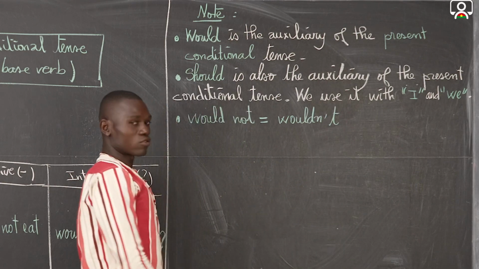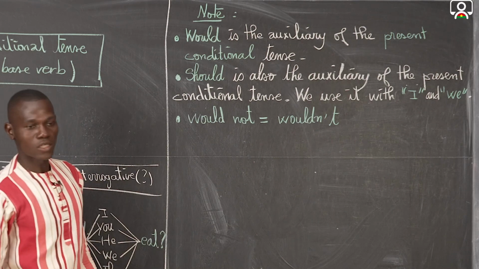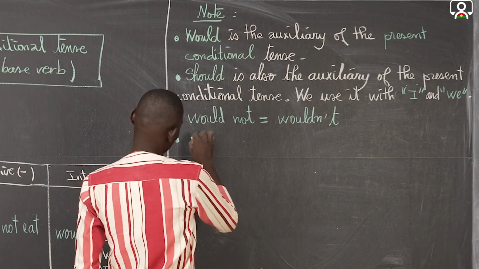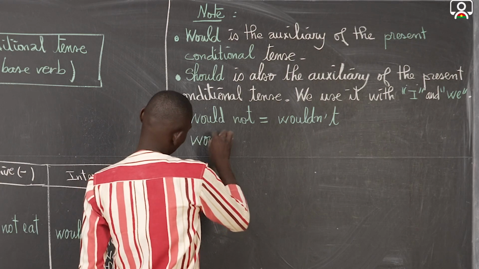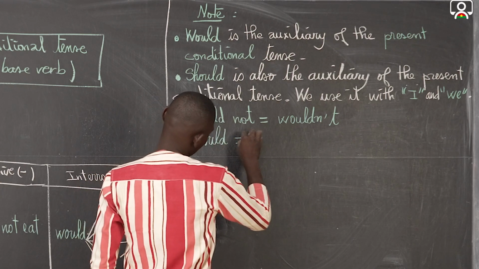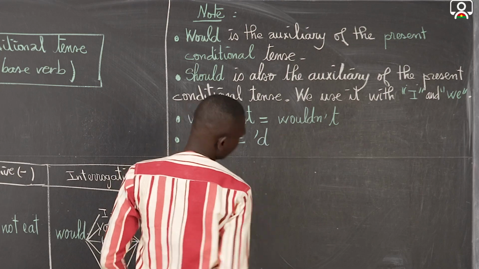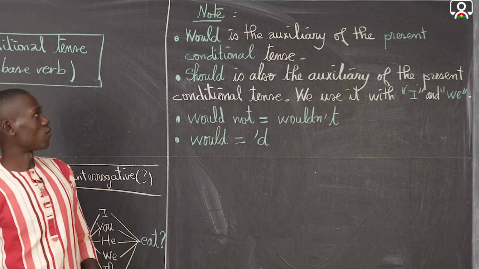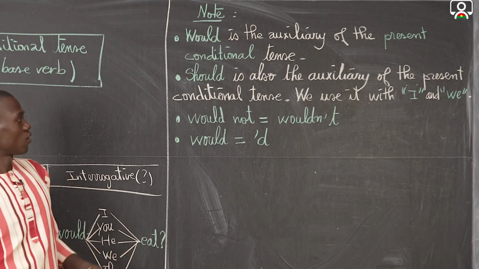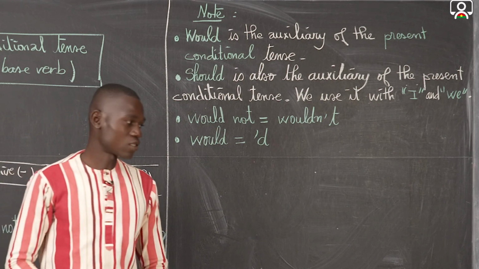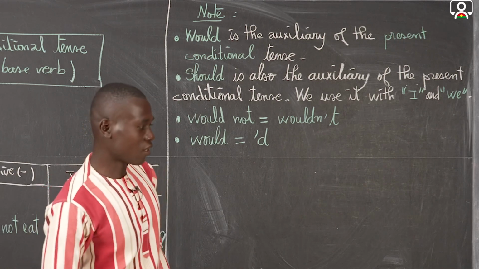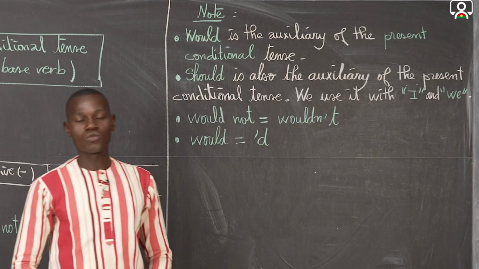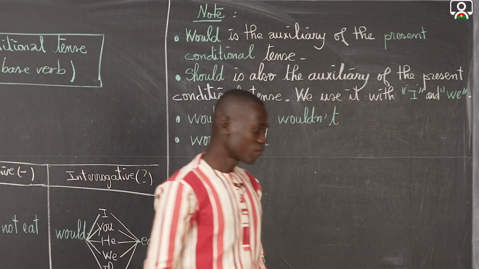And the contracted form of would is apostrophe D. Okay, these are the notes we can take about the present conditional tense. Now let's go to some examples.